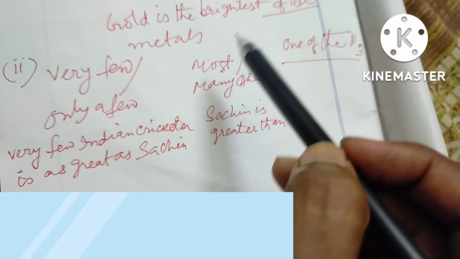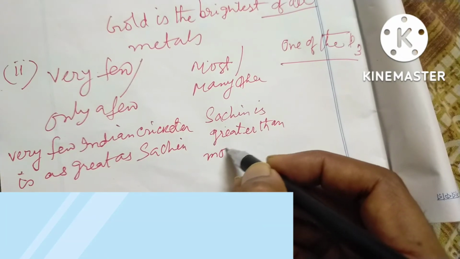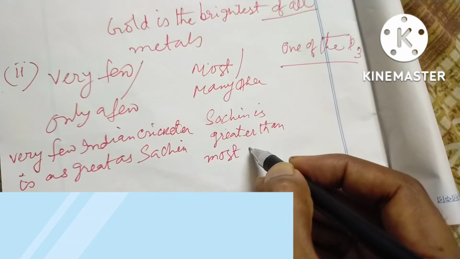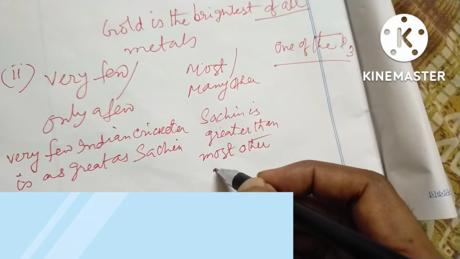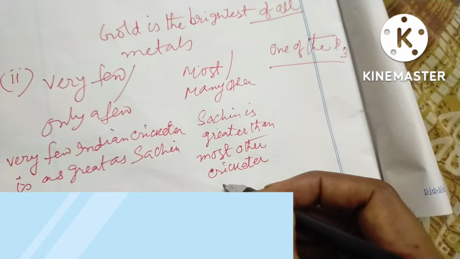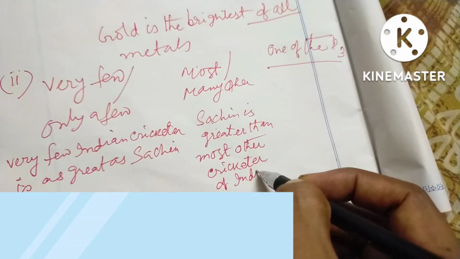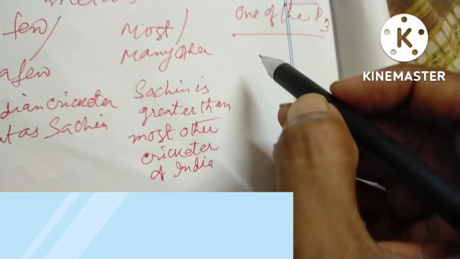Look at the rule: most or many other. And in the case of the superlative, one of the is used.